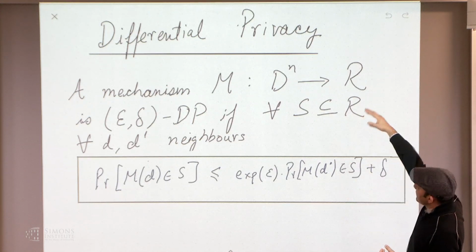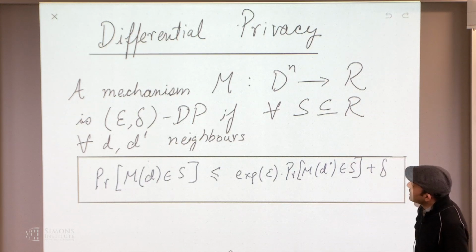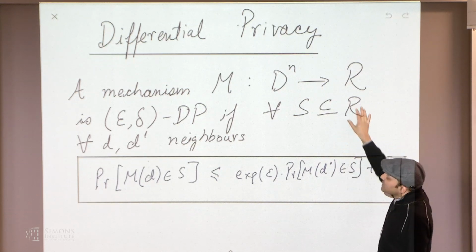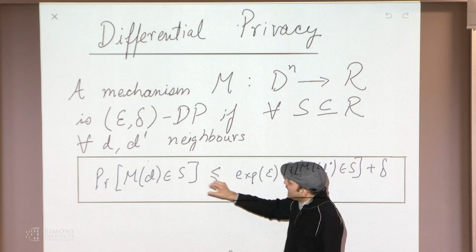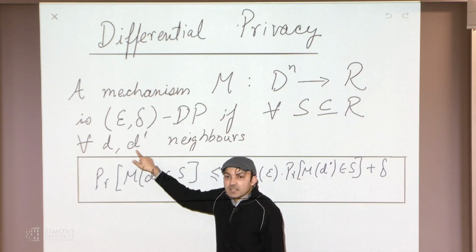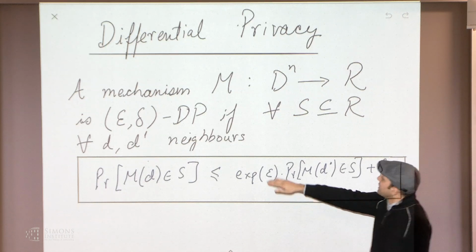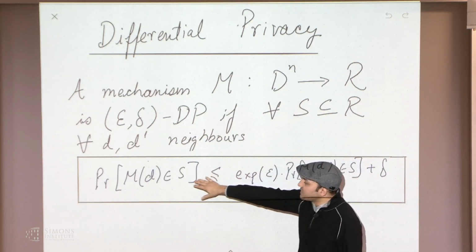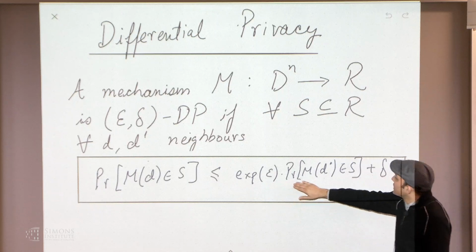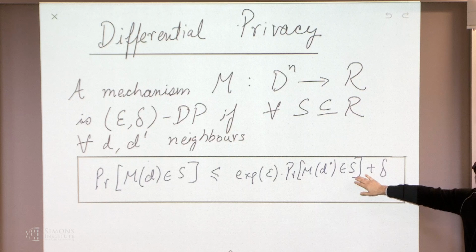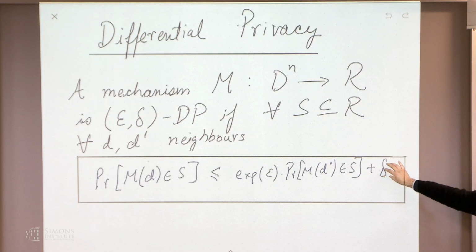We'll say this mechanism satisfies epsilon delta differential privacy if for any measurable subset of the range and any pair of neighboring data sets D and D prime, it is the case that the probability of this event S under D is within an e to the epsilon multiplicative factor of the probability of that event under D prime plus an additive delta.